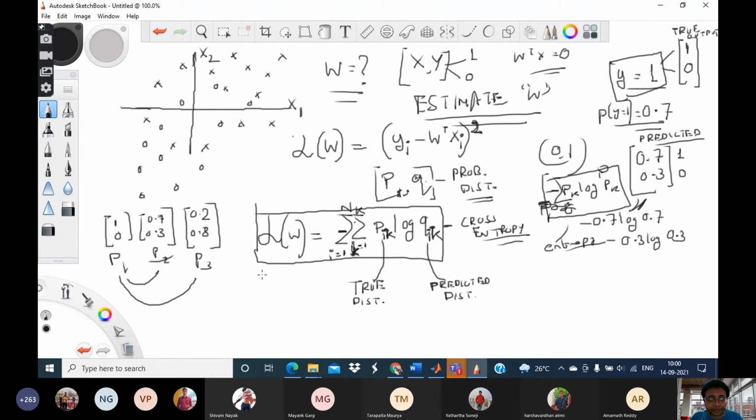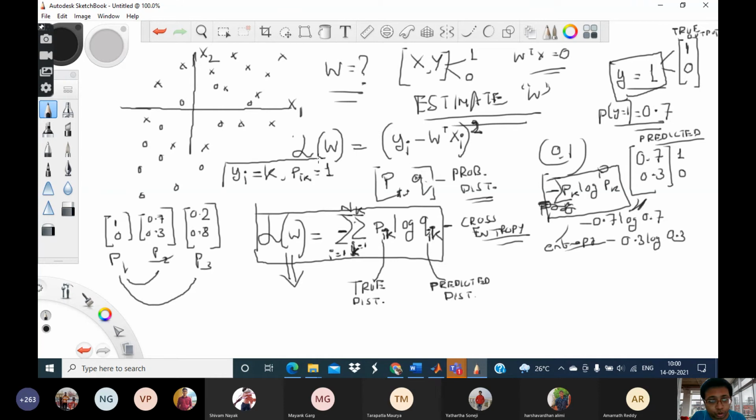Okay. Now basically I have to optimize W here. Now pik is something which I get from my data set. My rule is that if yi is equal to k in the data set, then pik is equal to 1. That is precisely the one hot encoding which I have done.